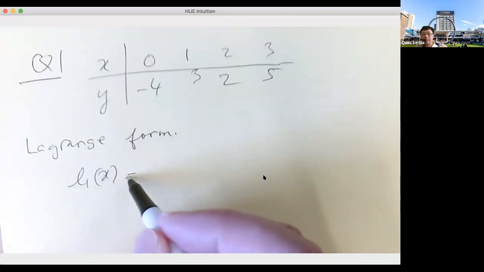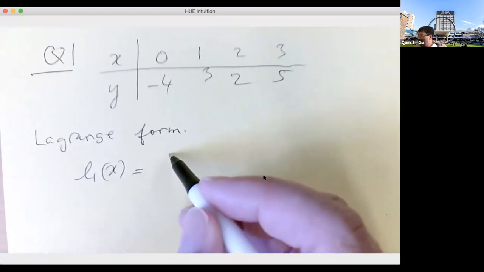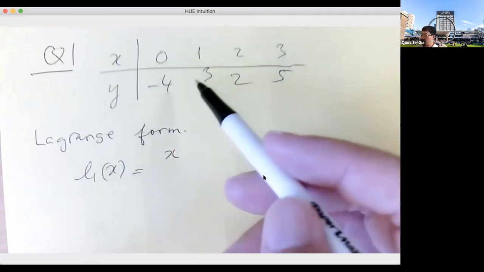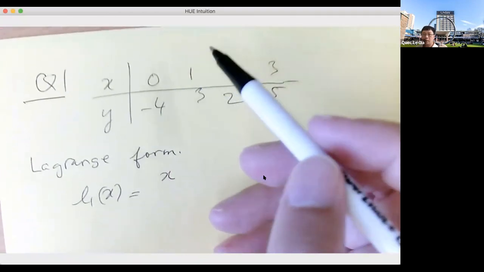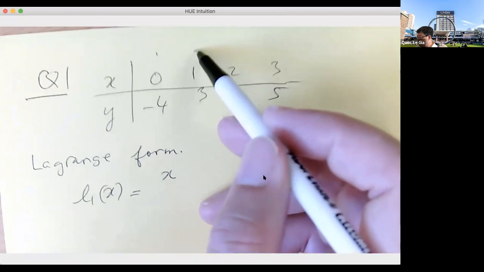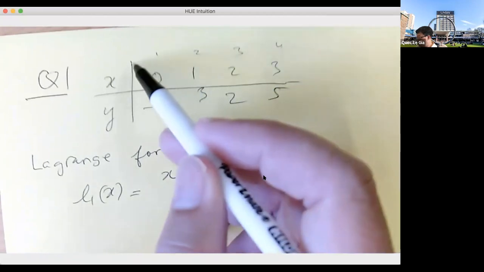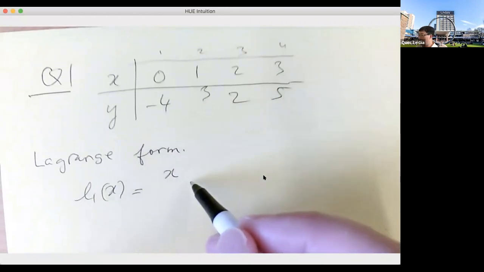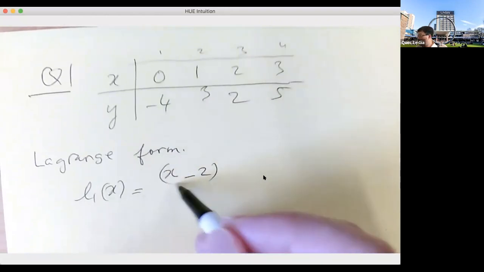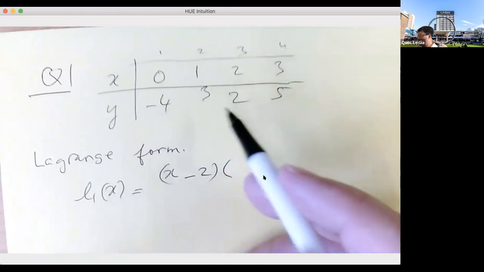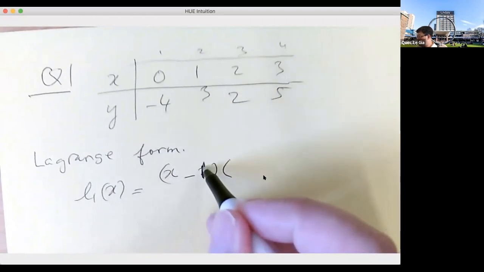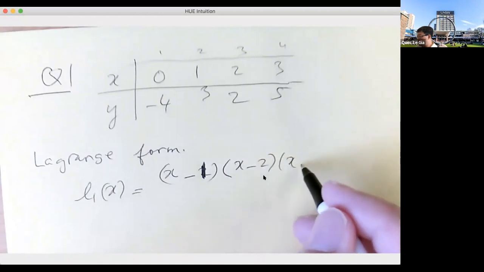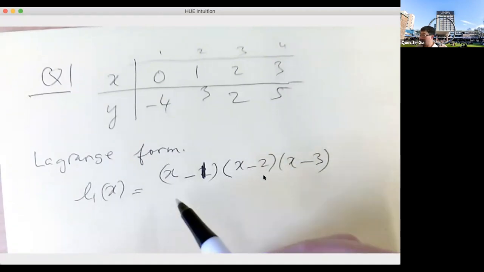So L1 will be x minus everything except the first point. So this one is the first point, yeah? So this one, 1, 2, 3, 4. So x minus everything except the first point. X minus 1 first, yeah? Then x minus 2, and x minus 3. See, so except the first point.